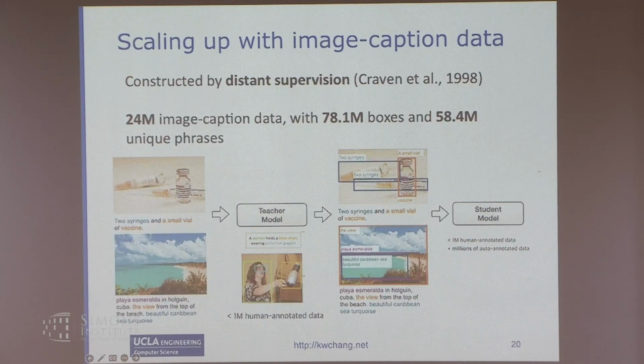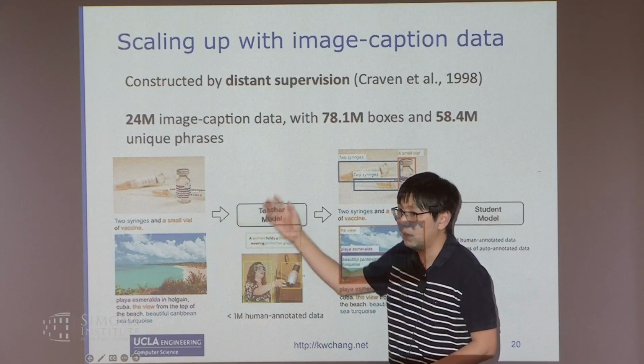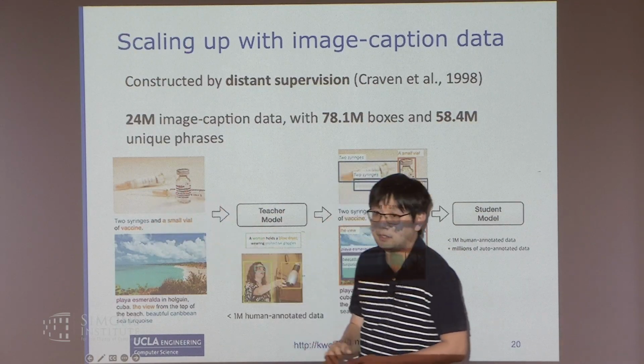And you can also scale up the model by having the model do a kind of semi-supervised learning, or we call it distant supervised learning. So you can use a model, look at the image and the captions, and have the model first try to identify those phrases and the objects in the image.